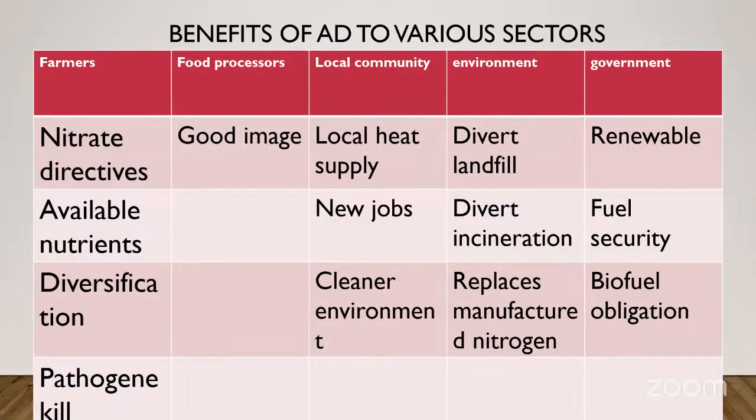The table also showed that for farmers, a small amount of nitrate will be going out, and thus the farmers will not be having a high level of taxes. For the food processor, there is going to be a very good image in terms of waste management.